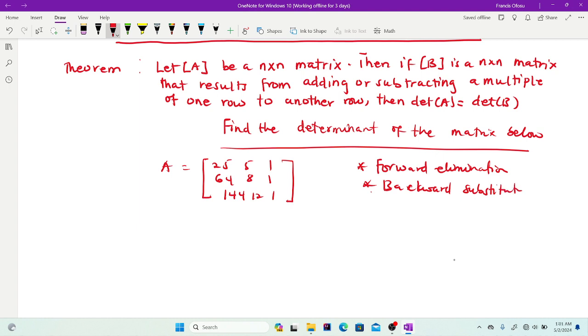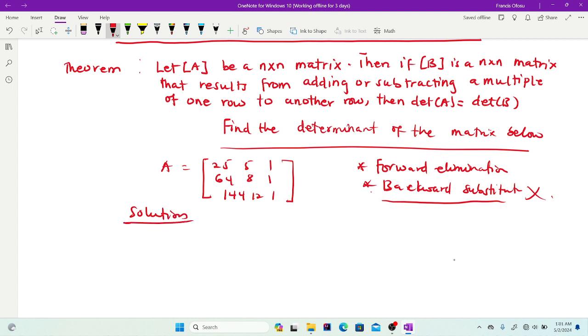But take note, we involve backward substitution to determine the values of the unknowns. In this case, we are not having any unknowns. We are only interested in converting this to an upper triangular matrix. So we would therefore take the backward substitution out. It's not involved. So the only thing to do is the forward elimination. So let's see how we do that.